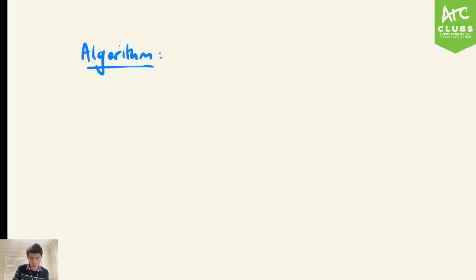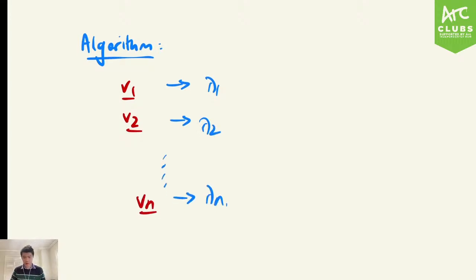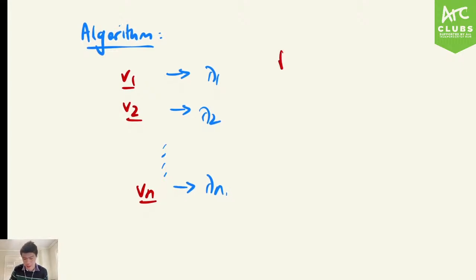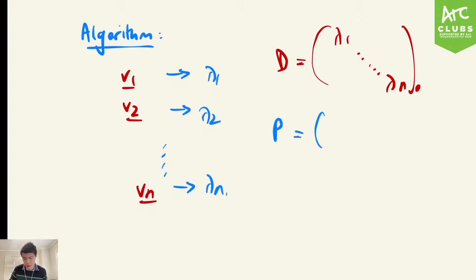But basically, if you've got a bunch of eigenvalues with certain eigenvectors, well, the formula for this is D is equal to the diagonal matrix formed from the eigenvalues, and then P, which is the invertible matrix, is just equal to V1 down to Vn.